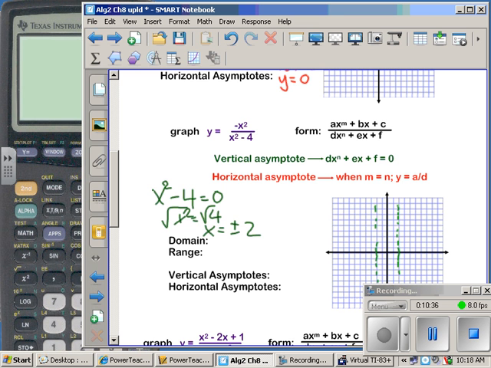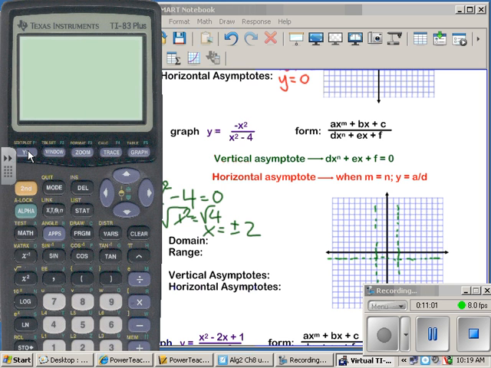Okay? My horizontal asymptote, when they're equal, is going to be negative 1 over 1, which is negative 1, right? So my horizontal asymptote is going to be there. Okay? Now let's see what that looks like on the graph.